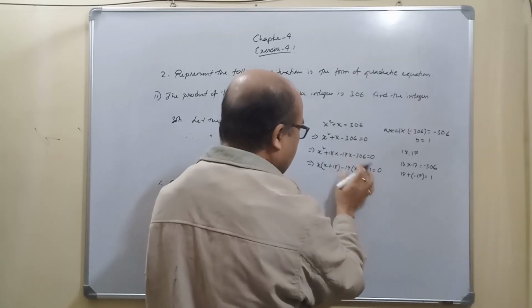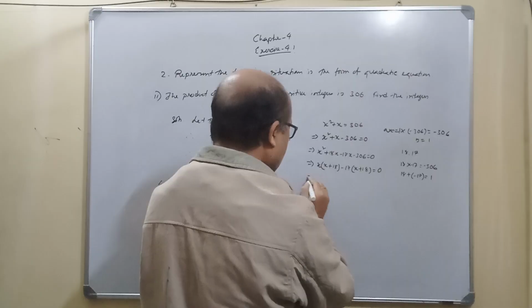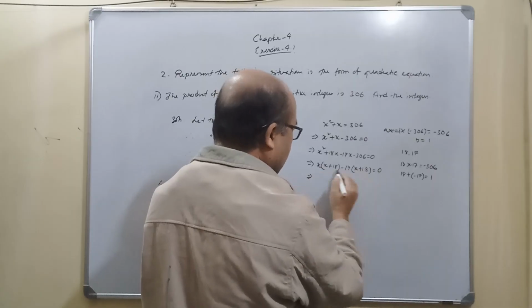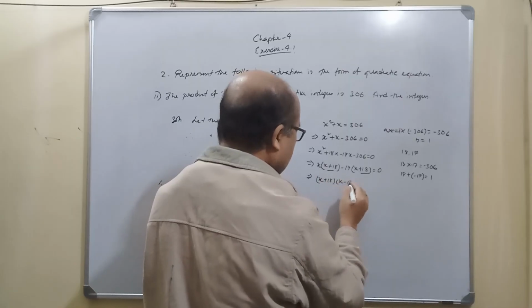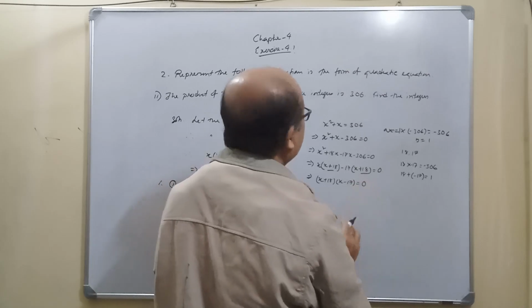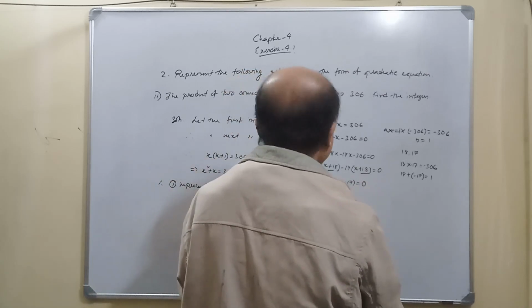So taking 18 common, we get x plus 18 and x minus 17 equal to 0.